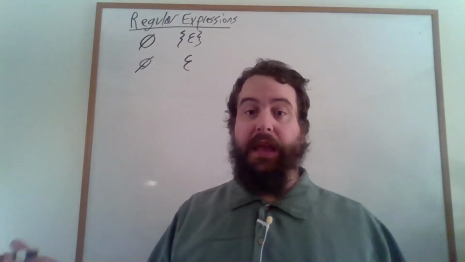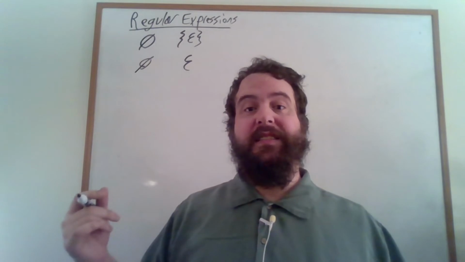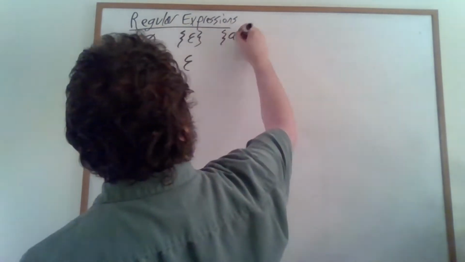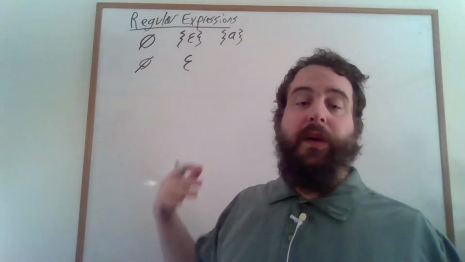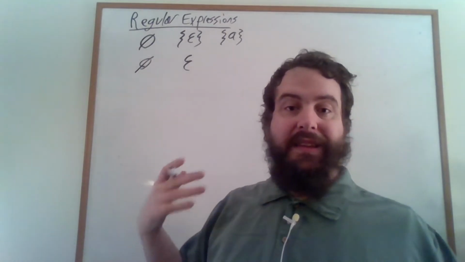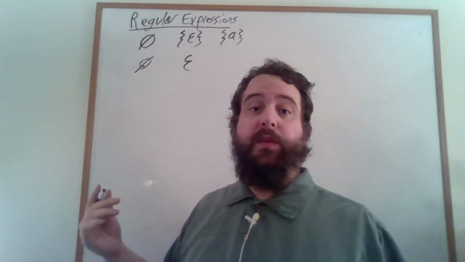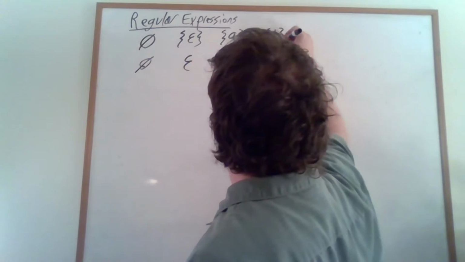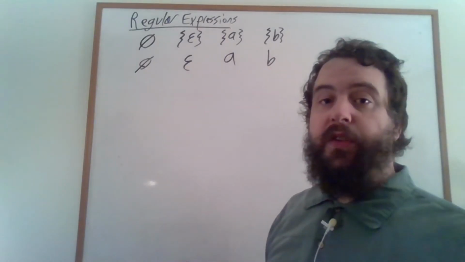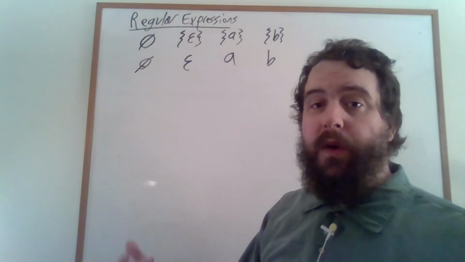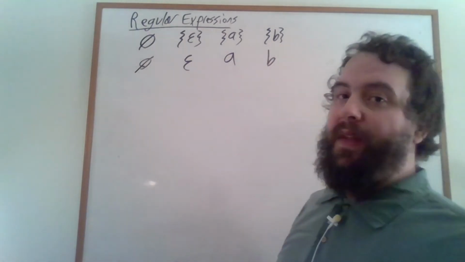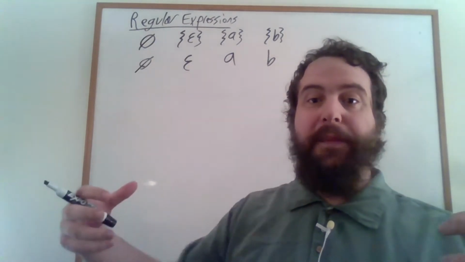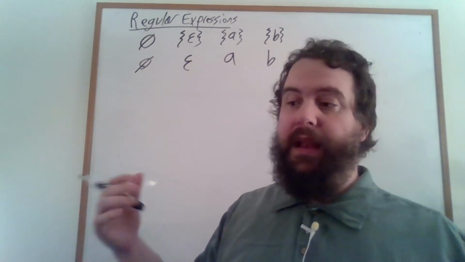We have A and we have B. Then we can have the language that consists of just one word, and that one word is just the letter A. And again, along the lines of referring to our singleton languages by the word in that language, we'll want to refer to this language as A. And of course, we can do the same thing for B. We use B to refer to the language consisting of just one word, that word which consists of just one letter, which is B. So these are our basic languages, and what we can do is combine them together to build up more complicated languages.